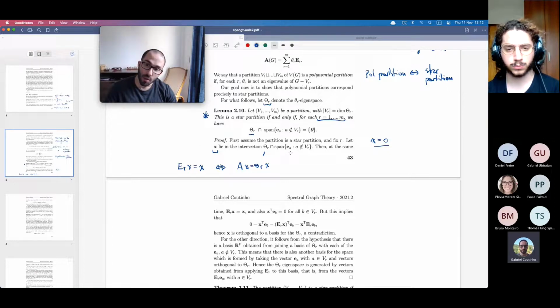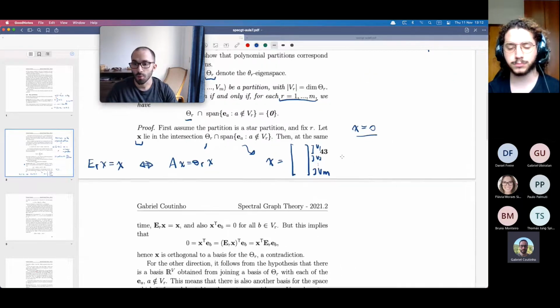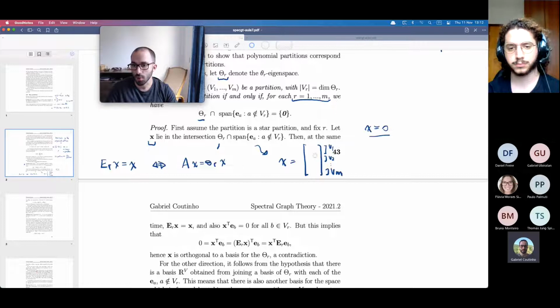Now, the other thing that I want is for x to be in the span of this thing. So x is a vector. I can partition these entries into v1, v2, all the way up to vm. Let me make this bigger.